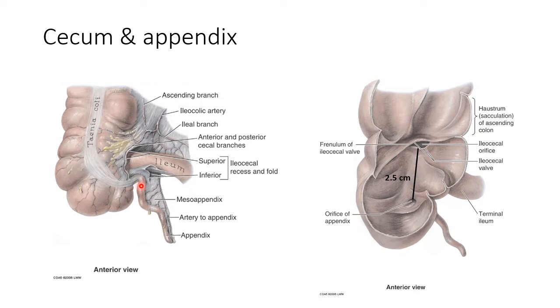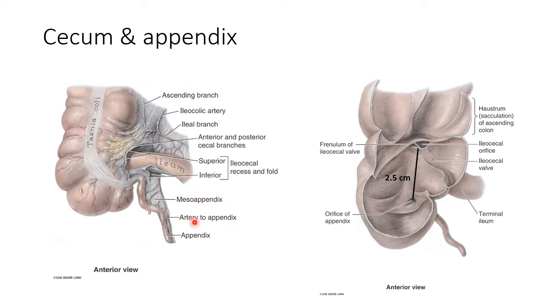Taenia coli is found in most parts of the large intestine, with the exception of the appendix and rectum. The appendix is intraperitoneal, covered by the visceral peritoneum. If it's intraperitoneal, it should have a mesentery, and the mesentery of the appendix is called the mesoappendix.